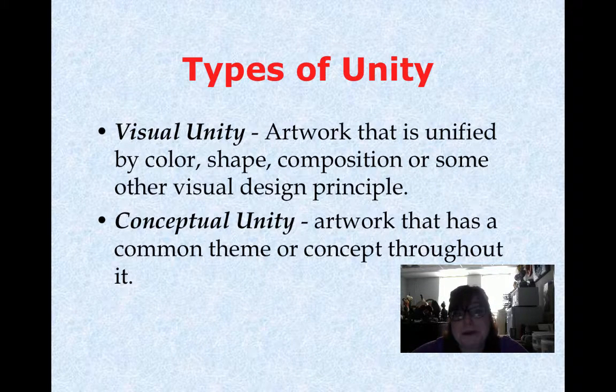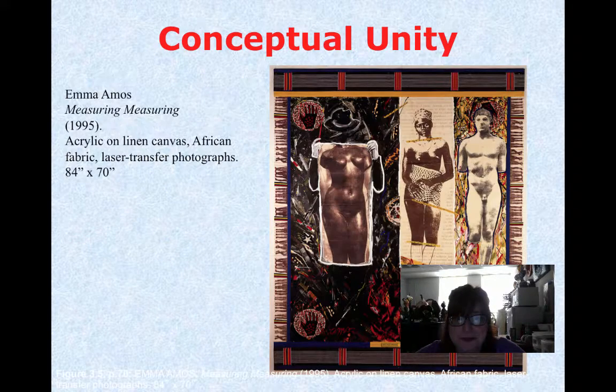And then different types of unity. There's visual unity, so that is artwork that is unified by color, shape, composition, or some other visual design principle. And there's also conceptual unity, which is artwork that has a common theme or a concept throughout it. So here we have Emma Amos's Measuring. She's also an African-American artist, just like Archibald Motley, although she's a bit more modern.